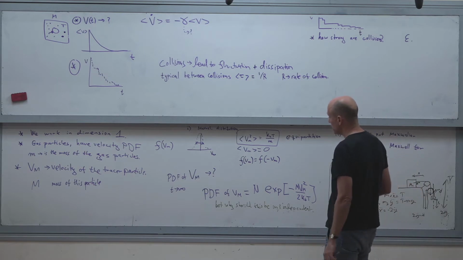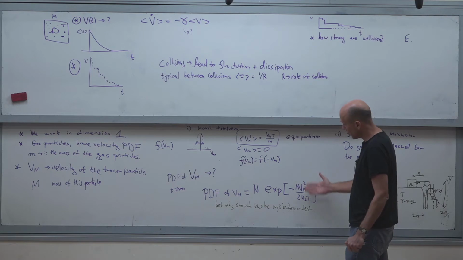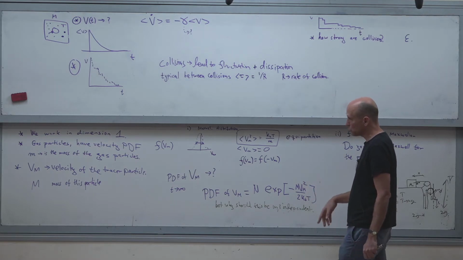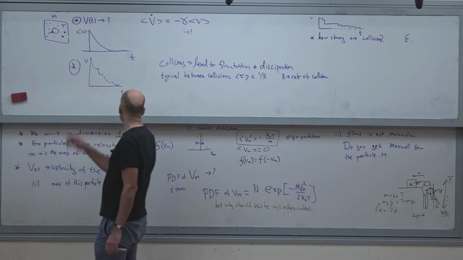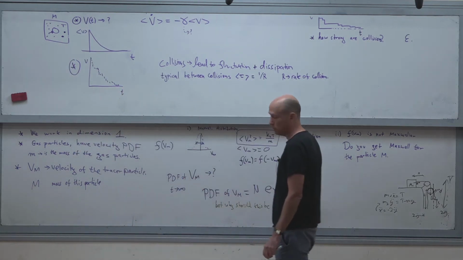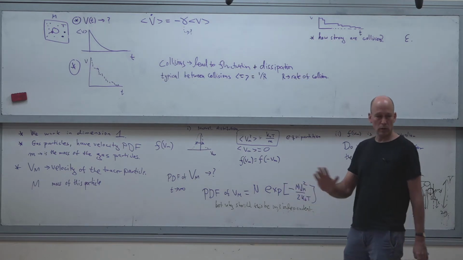You immediately can ask the question, is Maxwell unique? So I'm going to tell you, if you have some assumptions on the velocity distributions, if they are power law tailed, then you don't get Maxwell, then you will get, what will you get? Levy, of course, Levy.